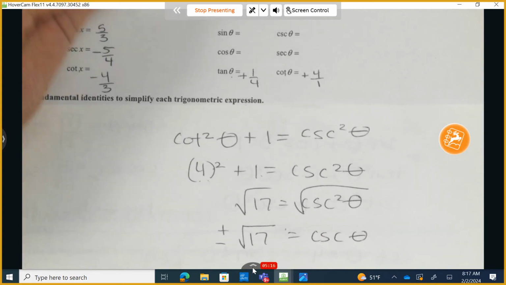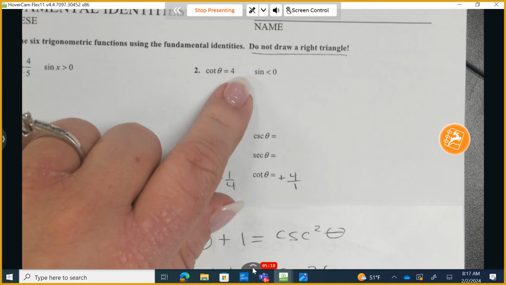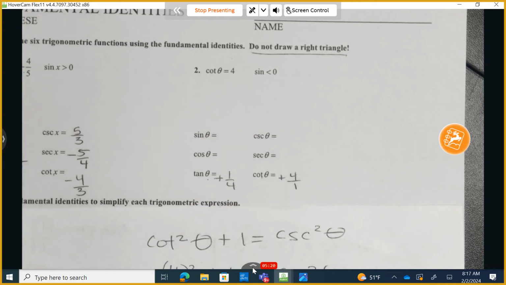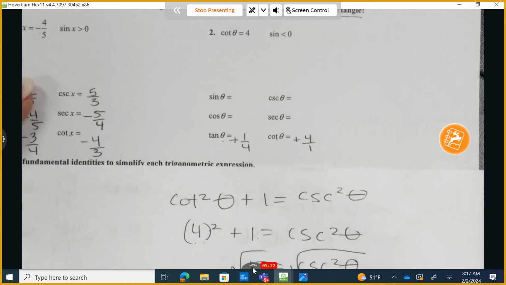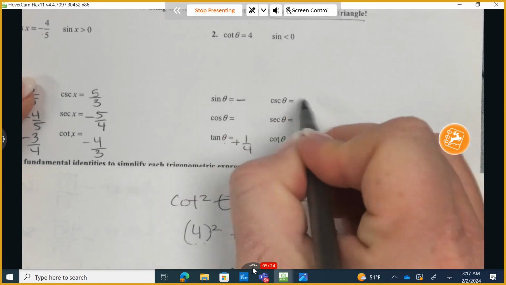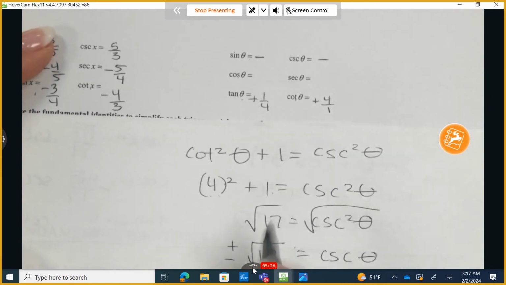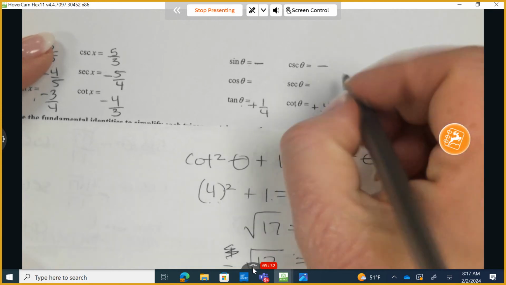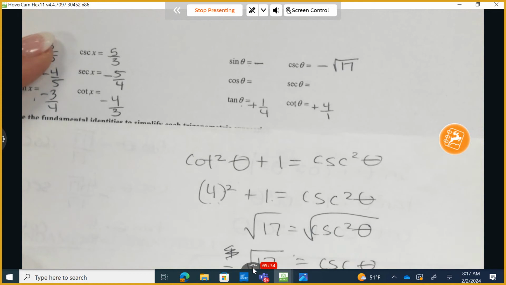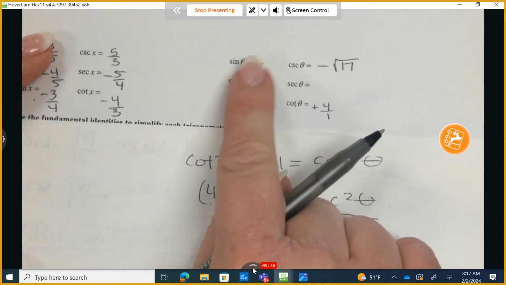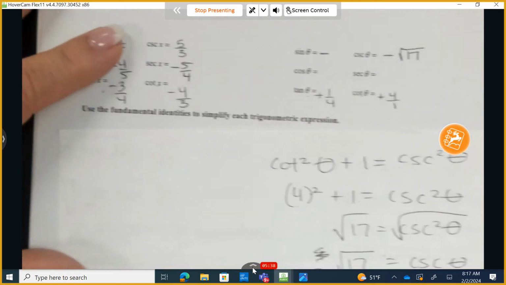And then I go up to the very top and I can see that the sine has to be less than 0. That means the sine has to be negative. If sine is negative, it means its reciprocal, cosecant, must also be negative. So I'm going to write negative radical 17 for the cosecant. The sine will be the reciprocal of this. So let's come off to the side.